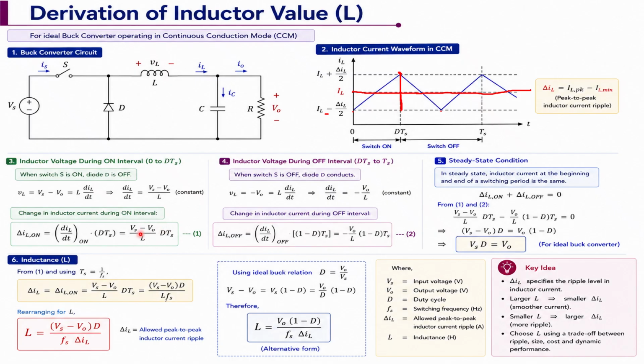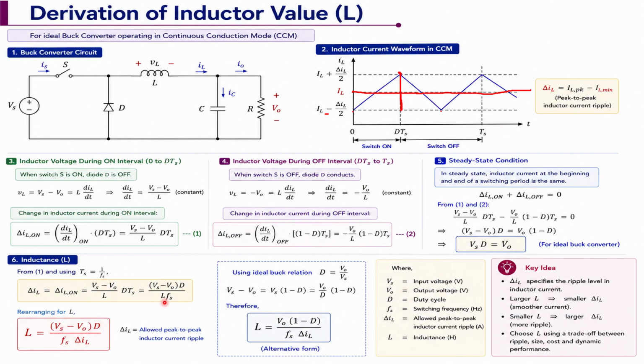This is the equation. So here for Ts, we can write the time period as 1 by Fs. Ts time period is equal to 1 upon frequency.